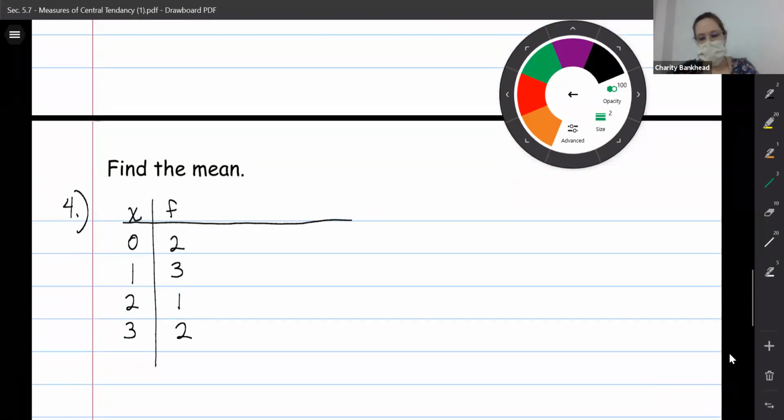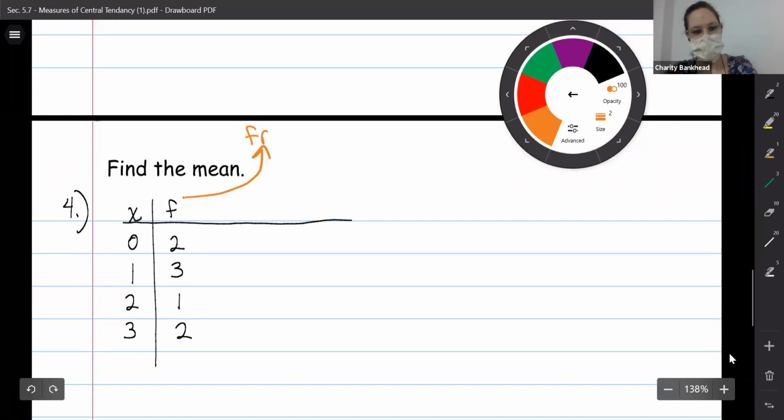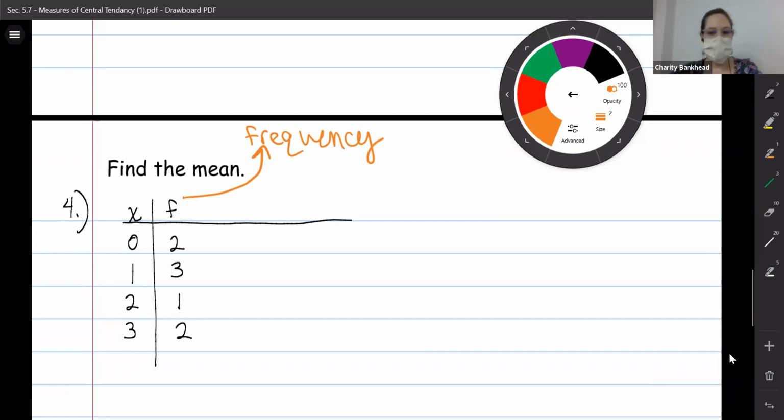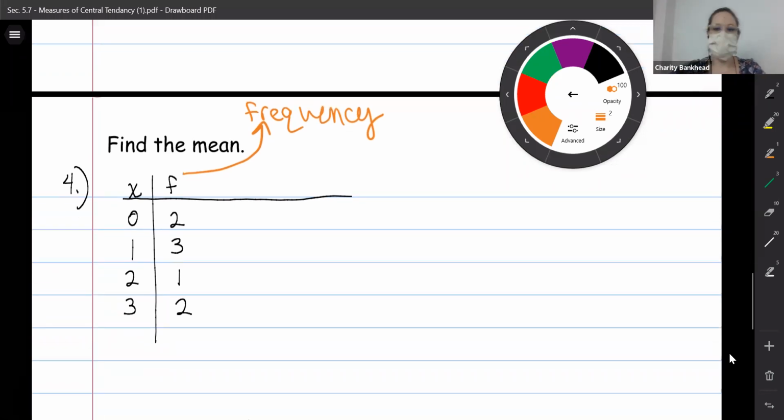All right, on number 4, this data set is presented in the form of a frequency table. So F is for frequency. In this case, it's relatively small frequencies, so it would be relatively easy to write down the entire data set as a list.